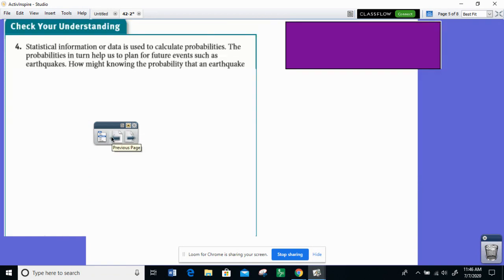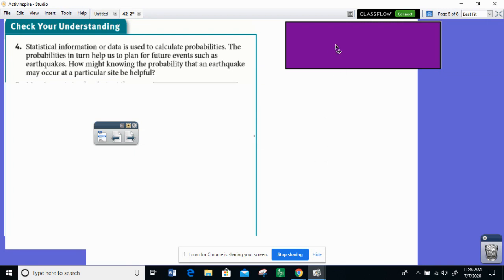All right, so we're going to do a couple of check your understanding problems now. Statistical information or data is used to calculate probabilities. The probabilities, in turn, help us to plan for future events such as an earthquake. How might knowing the probability that an earthquake may occur at a particular site be helpful?